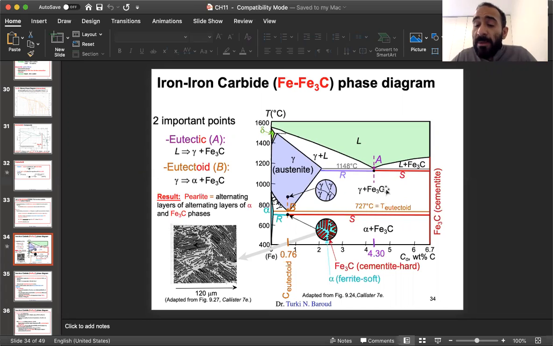Then you have iron carbide. These are the solid phases that exist, and here you have the liquid phase. As we said earlier, there are two important reactions. First we have the eutectic. Why do we call this one eutectic? Because liquid can transform into two solids.